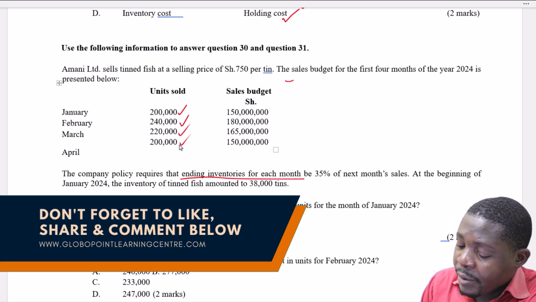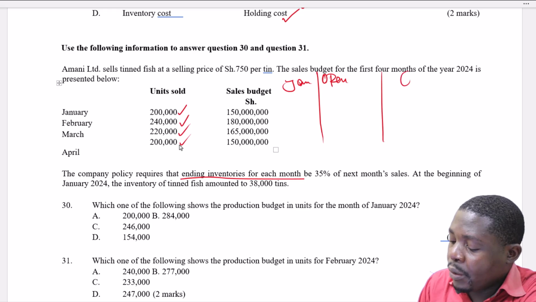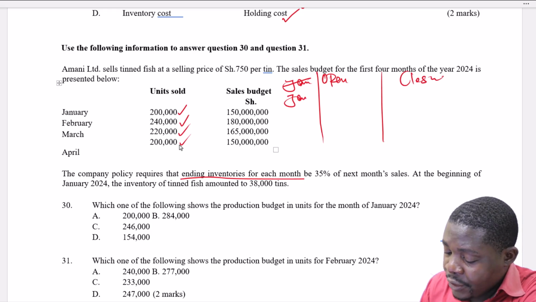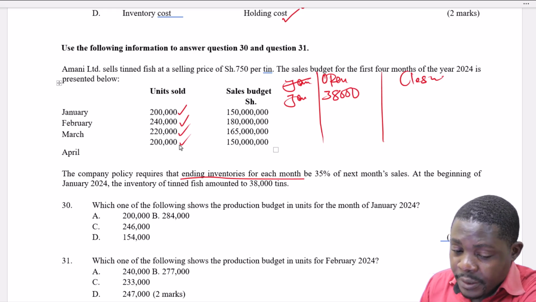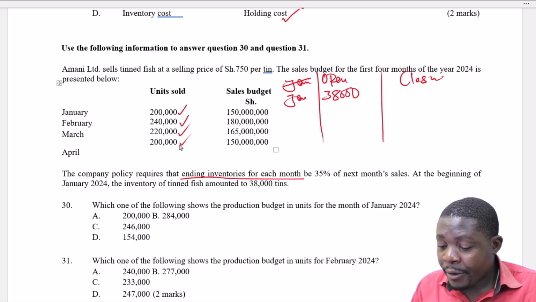Now January, opening and closing inventory. January opening inventory, we are told, was 38,000, and closing inventory is 35% of the next month's sales. We pick the sales for the next month, which becomes the basis for the closing inventory.